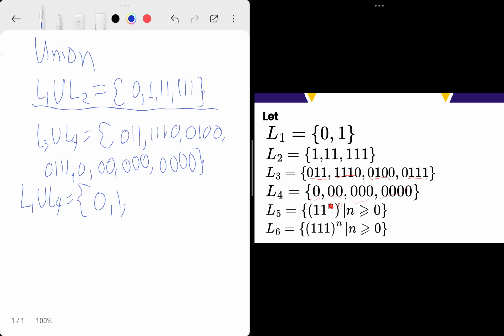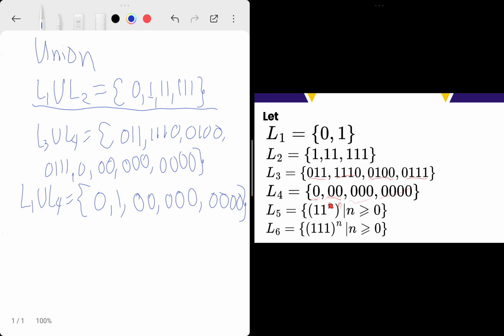Then in L sub 4, since 0 is already there, we delete the duplicate. So we go ahead to 0 0, and then 0 0 0, and lastly 0 0 0 0. So that is our L sub 1 union L sub 4.